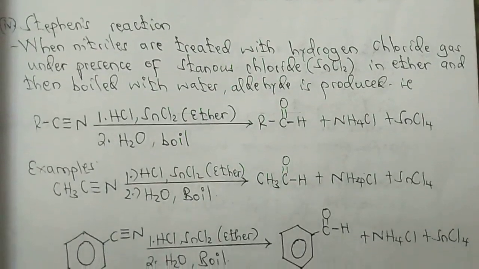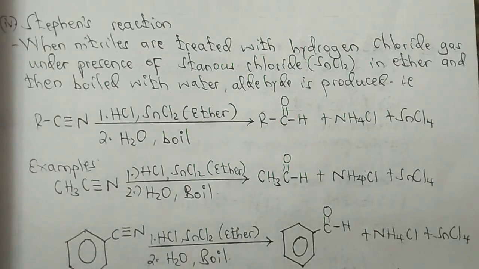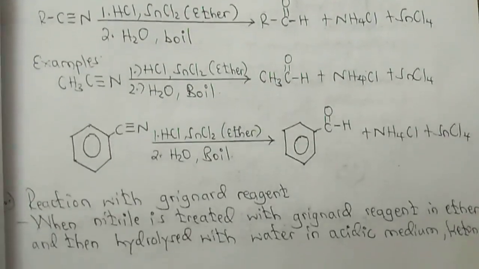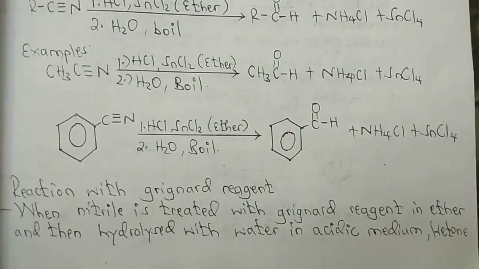Actually, it is a complex reaction and we can't show its mechanism. So nitrile, HCl, stannous chloride in ether, then water, half boil, gives aldehyde, ammonium chloride and another compound. You see the reagents and conditions are many; it is one of the complex reactions in organic chemistry.